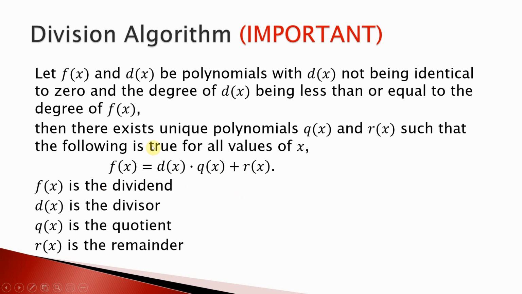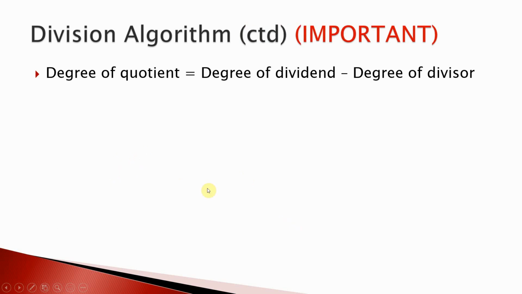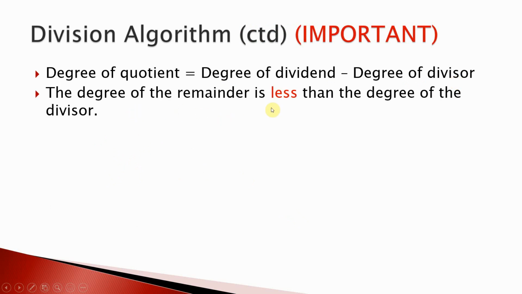It's the same thing written as f, d, q and r, so general functions. The degree of the quotient is always the degree of the dividend minus the degree of the divisor. The degree of the remainder is less than the degree of the divisor.